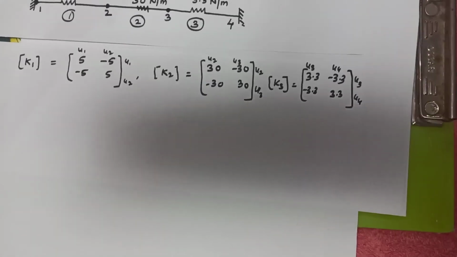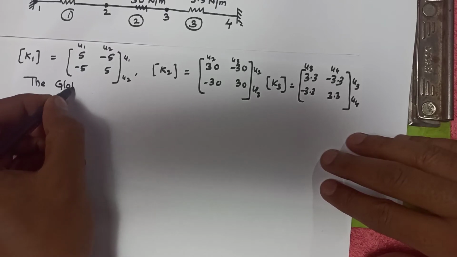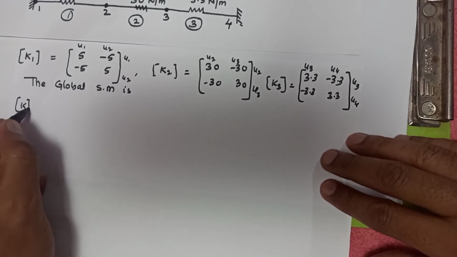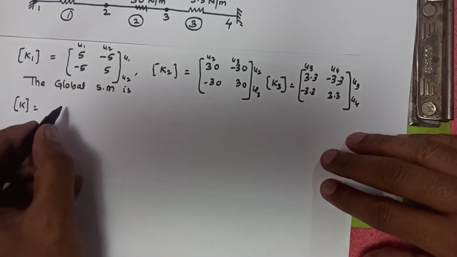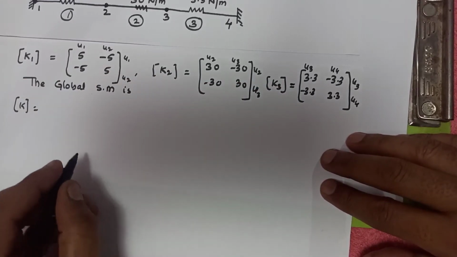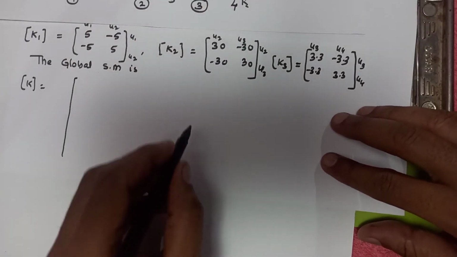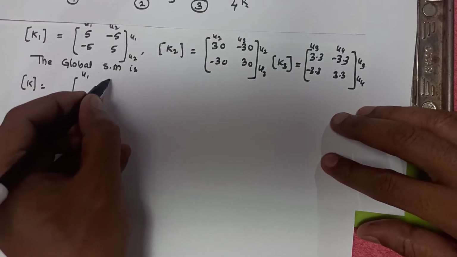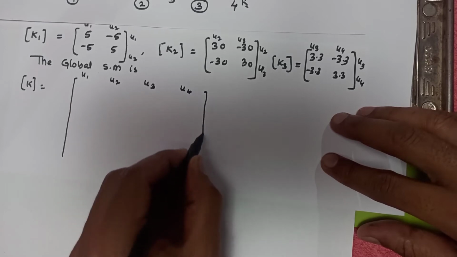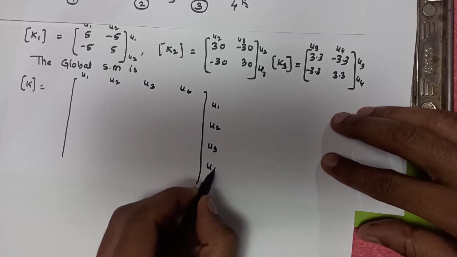Finally you have to form the global stiffness matrix, where K is equal to K1 plus K2 plus K3. Anyhow, outside the matrix there are no values, so all are within the matrix, so you can directly write the matrix, that is U1, U2, U3, U4. In the vertical also you can write U1, U2, U3, U4.